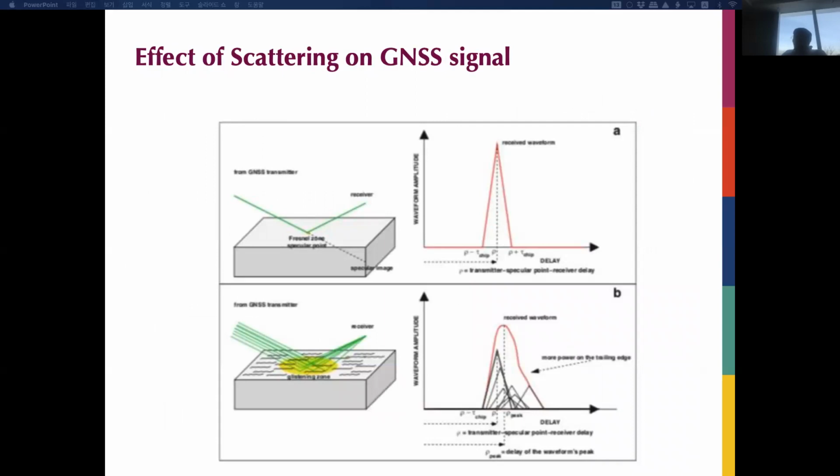But in the previous slide, the scientists assumed that the signal has only one line, but in reality the signal is composed of a large number of signals.